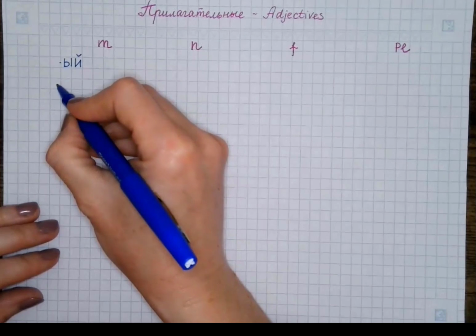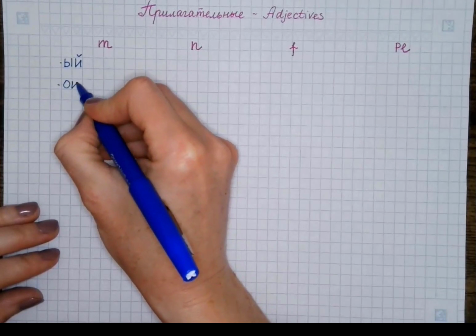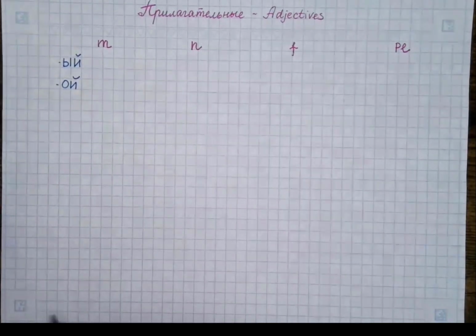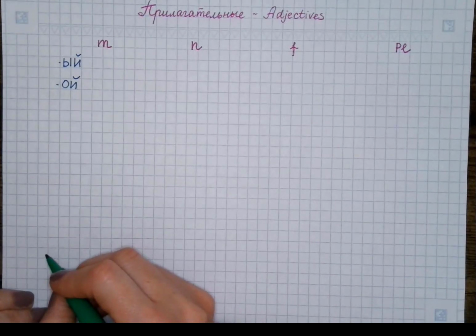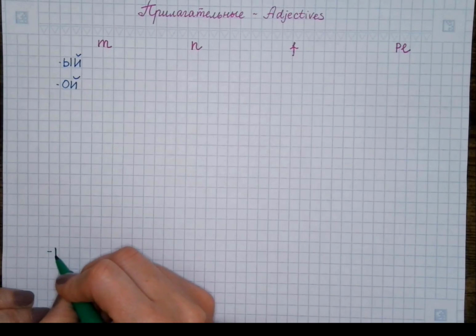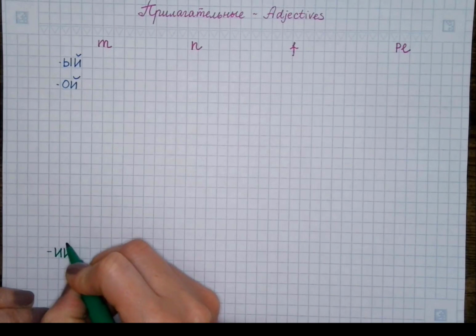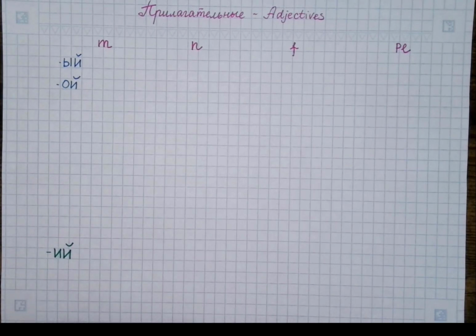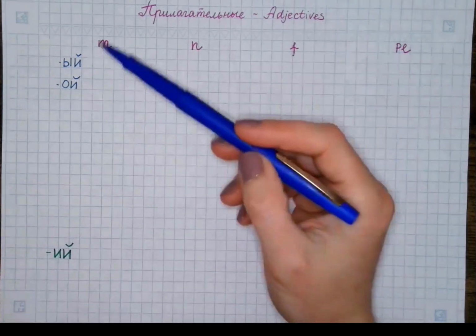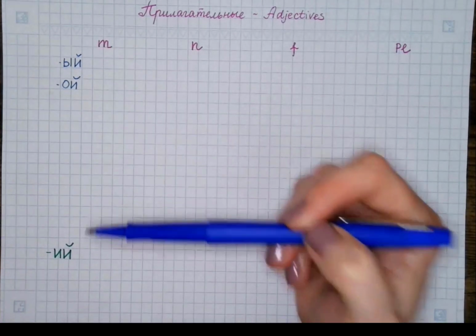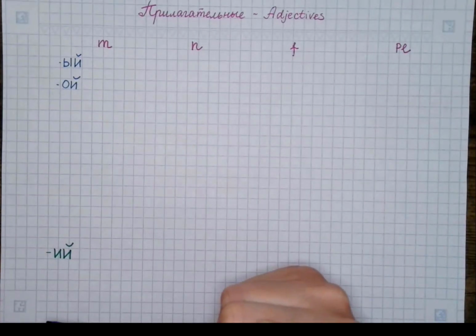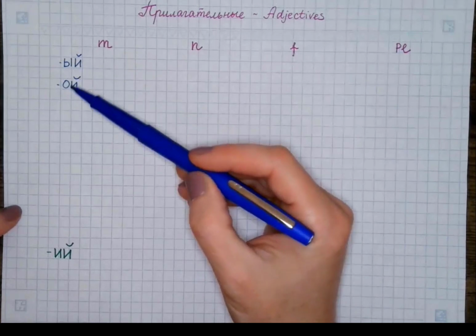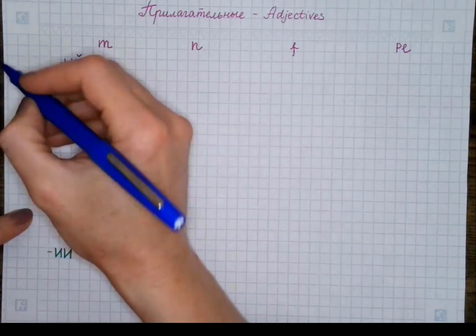So we'll have ый and ой, and we also will have the ending ий. So these endings are the default endings. They come with the word. We learn them in the masculine default form. And endings ый and ой are hard endings.